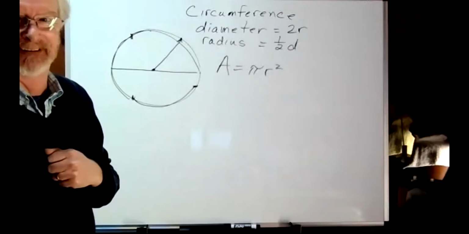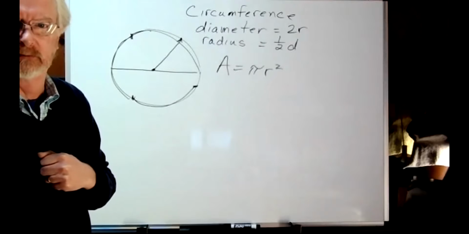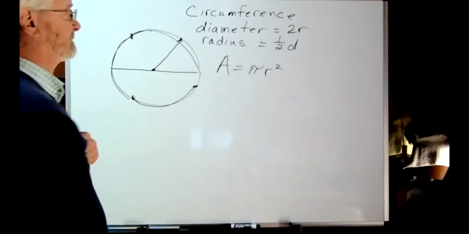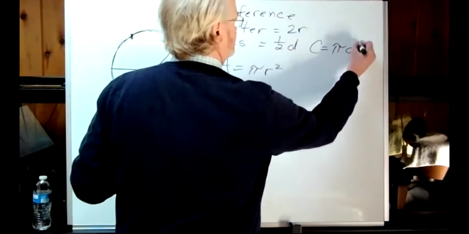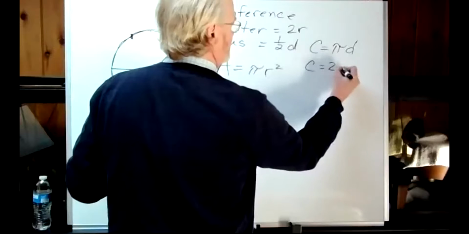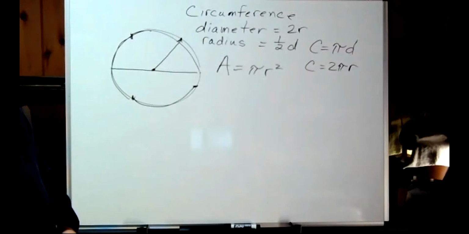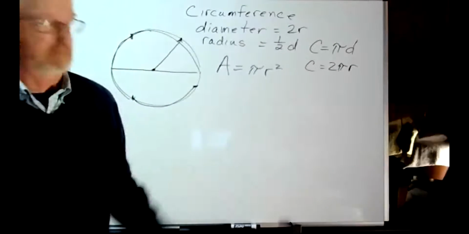Can I just interrupt you real quickly? Yes. I just wanted to jot this down. In order to find the circumference, when diameter is provided, it's pi times diameter. When radius is provided, to find circumference, it's pi times 2 times, what was that again?